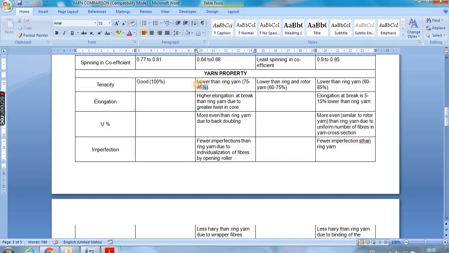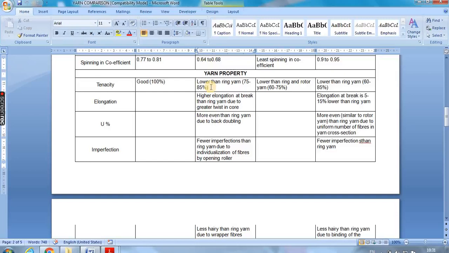This lower yarn strength you can justify with 2 or 3 properties. One is poor fiber migration. Migration is poor, so the fibers will not be packed closely, so the packing coefficient is less. So fiber migration as well as the packing density influence the lower yarn tenacity.